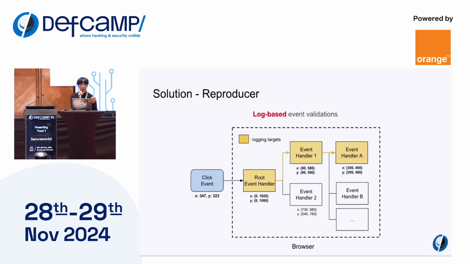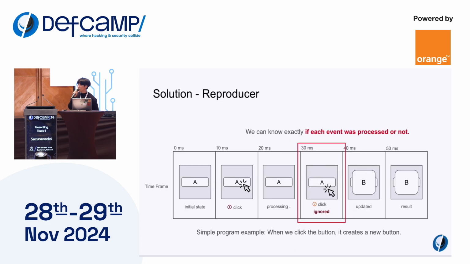This way, we know exactly which events are processed and how they are processed. For example, in this example, we can know exactly whether the third click was processed or not. If it was processed, we can also identify the exact code executed for that event. With this information, we can accurately reproduce the bug, eliminating any ambiguous input.